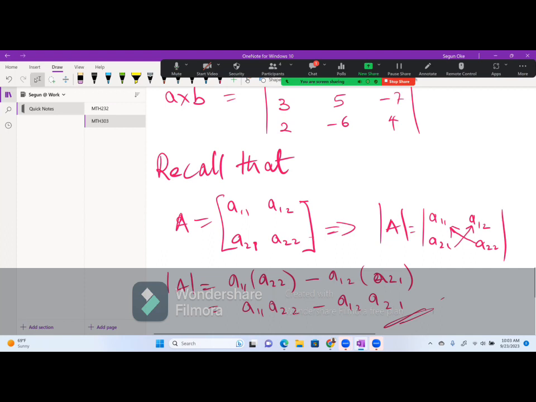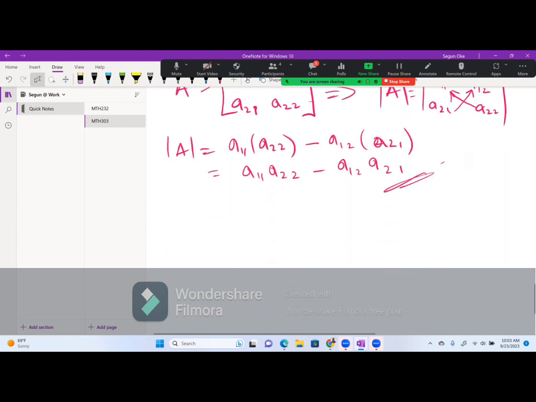But now, if you have a 3 by 3 matrix, let's call it matrix A again, which is A11, A12, and A13, A21, A22, A23, A31, A32, A33.